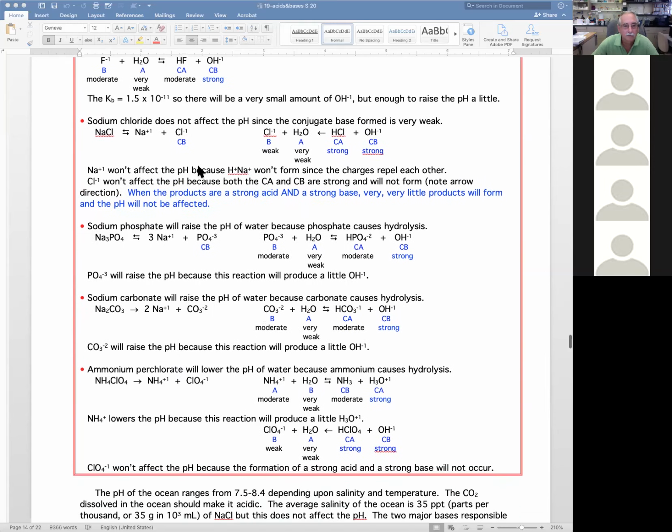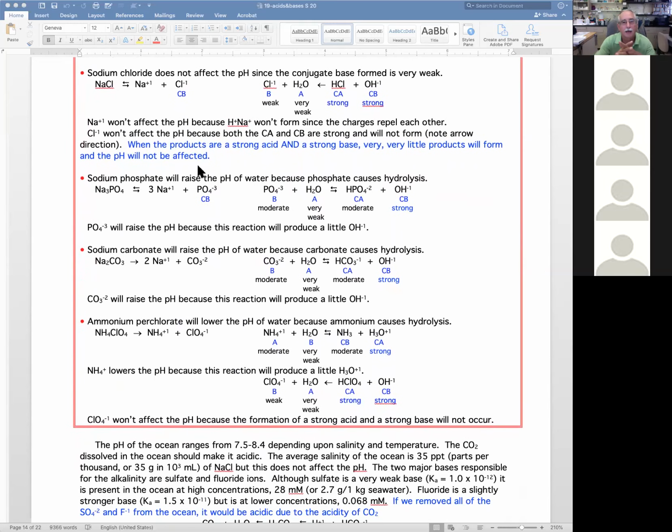On the other hand, sodium chloride does not affect the pH. So if I take sodium chloride and put it into water, the sodium doesn't do anything because that doesn't form. Okay. What about the chloride? Well, I put the chloride in here, and its conjugate acid is going to be HCl, which is a strong acid.